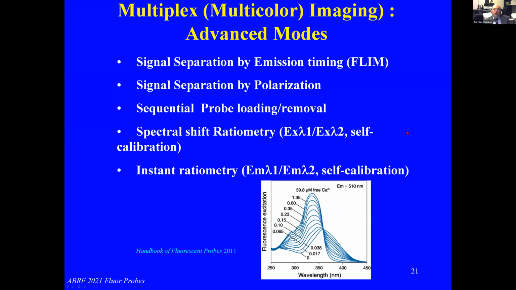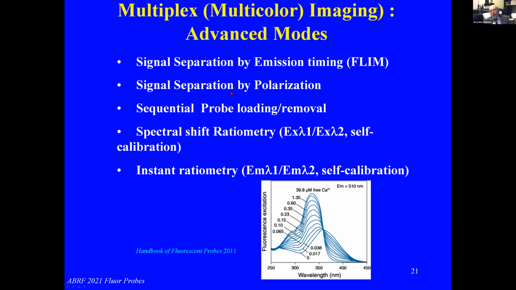I would like also to mention some advanced methods, such as signal separation by emission timing. As I mentioned at the very beginning, the fluorescent photons have different timing, and different probes can have very different spectra, and this is realized in the method called FLIM.